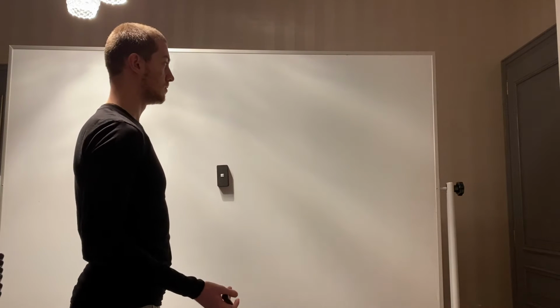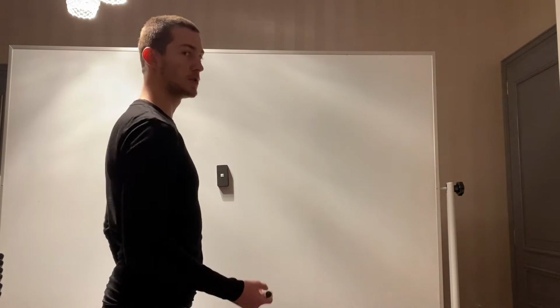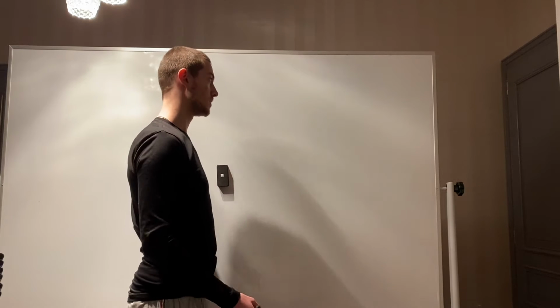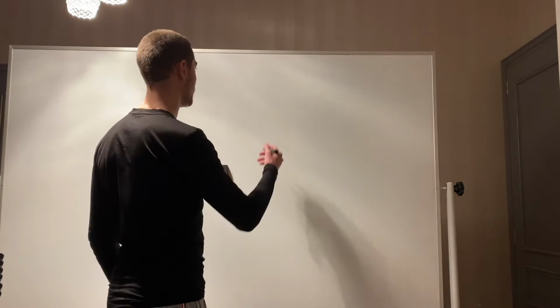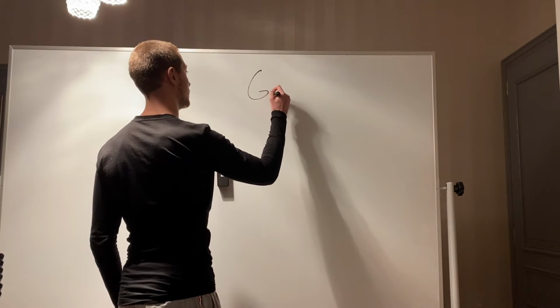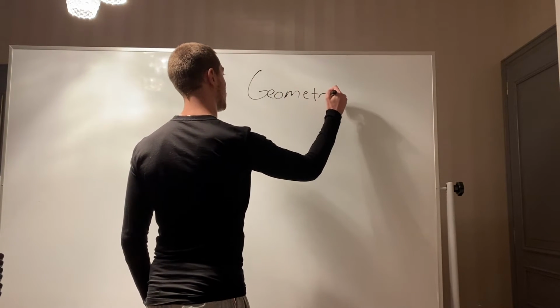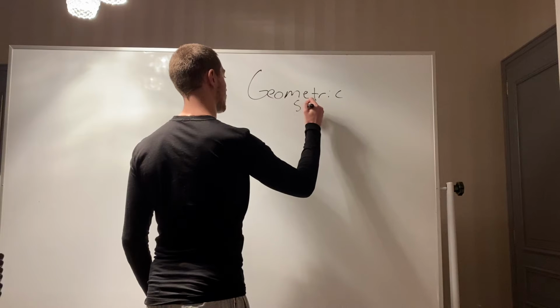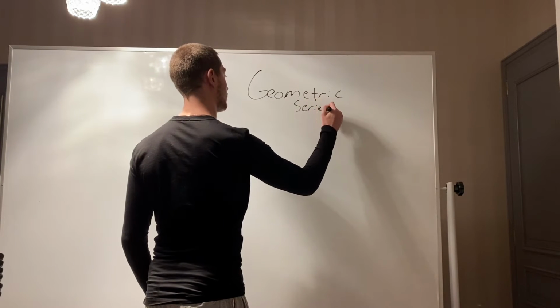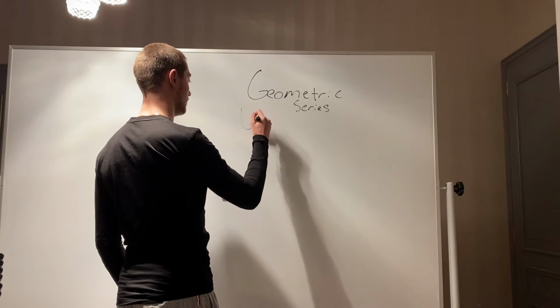Okay, so just a reminder before we get into the summation formula, what is a geometric series? A geometric series is any kind of series which has consecutive terms which differ by a constant ratio. So let's look at a simple example of a geometric series. Let's say our first term is 2.